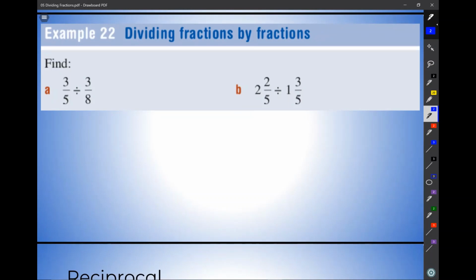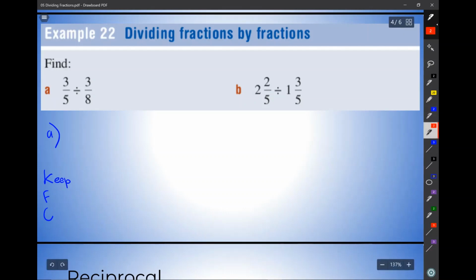Alright, now how do we divide fractions? We use KFC. What that means is we keep the first fraction, we keep it exactly as it is.